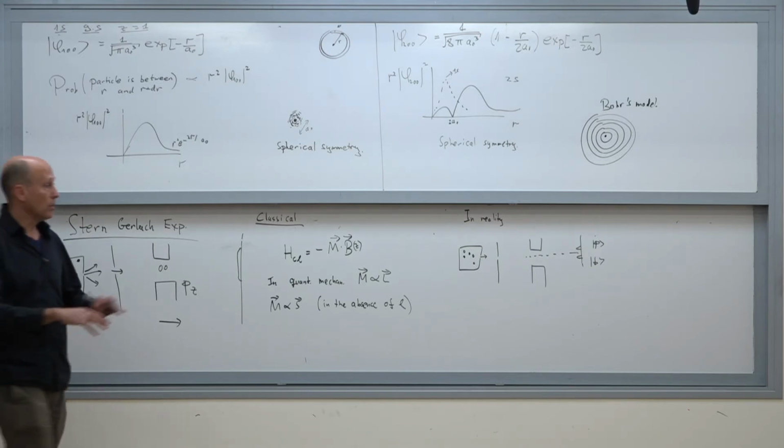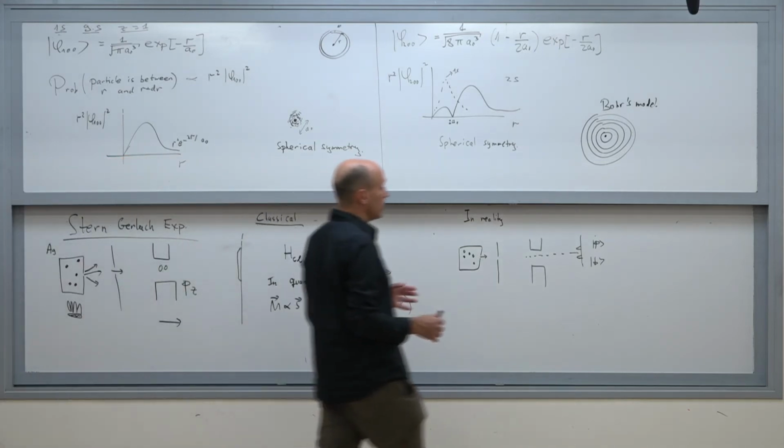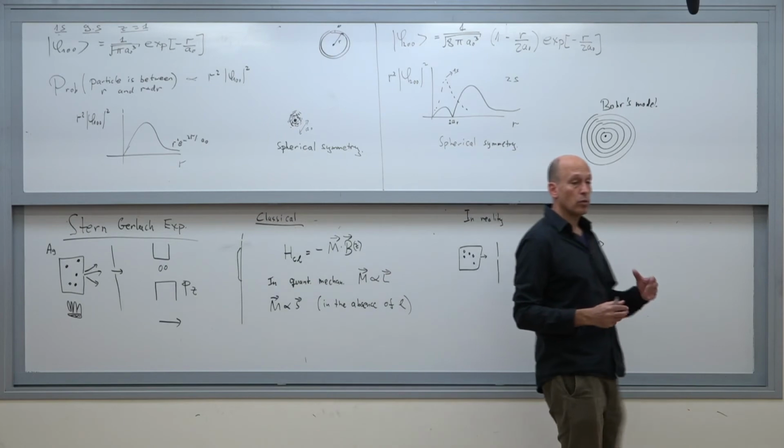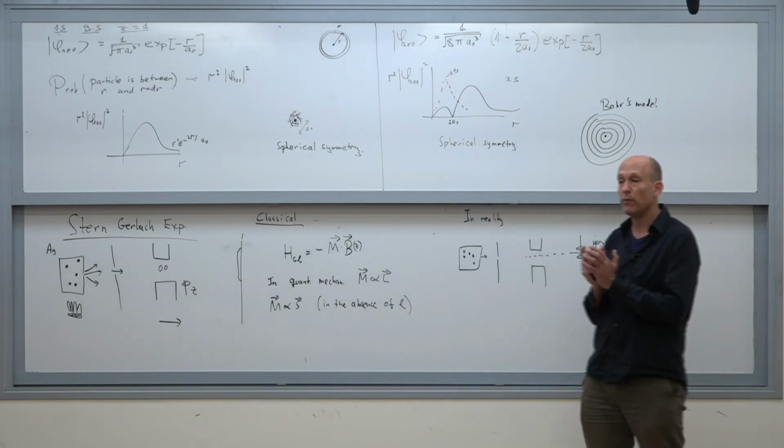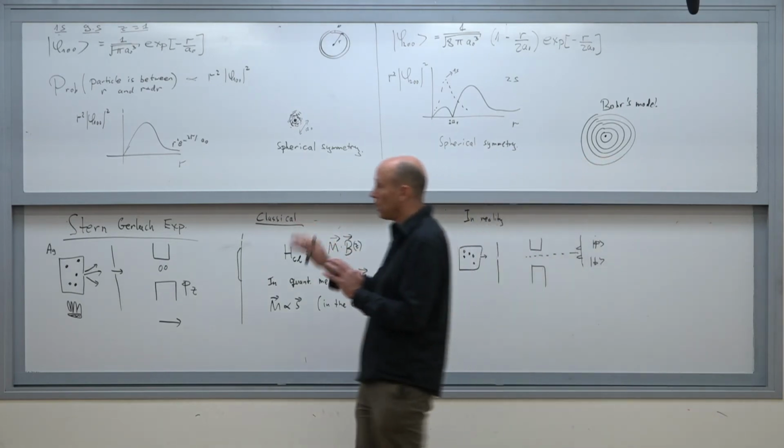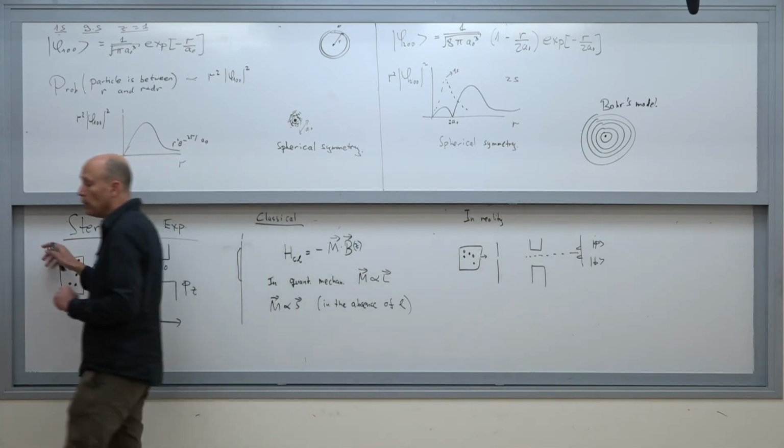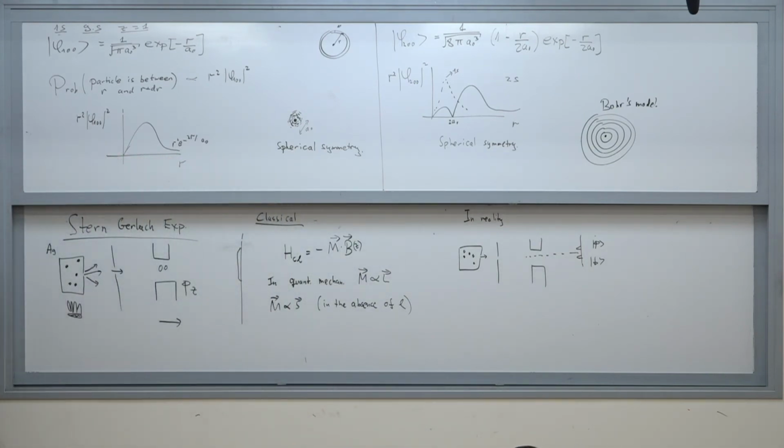Or you can have more complicated things. So this splitting into two happens specifically for this system. This is not so trivial, but the hand-waving argument is the following.